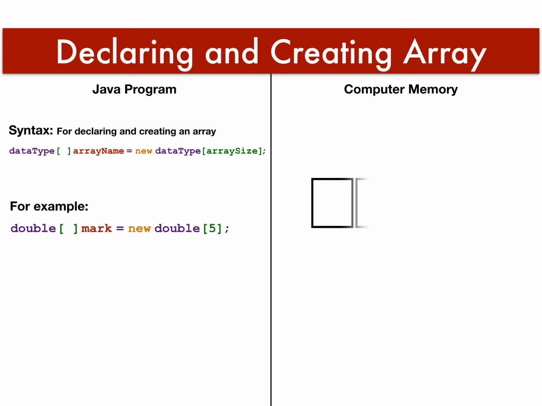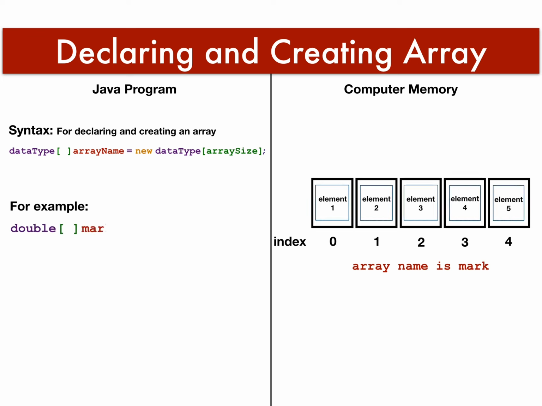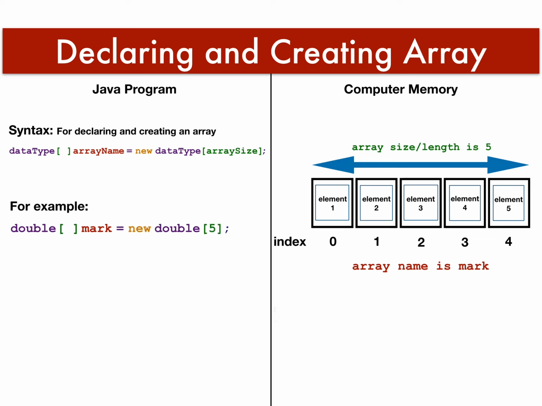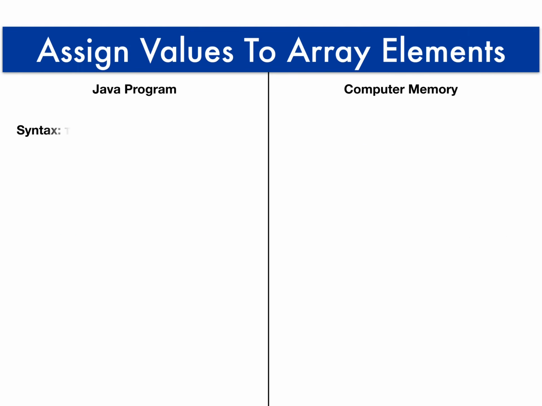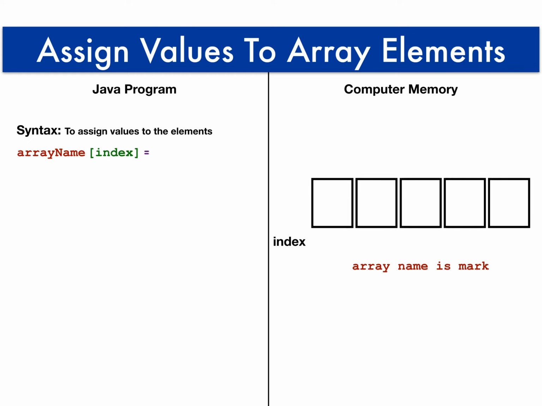For example, the following statement declares an array named mark, creates an array of 5 elements of double data type, and assigns its reference to mark. To assign a value to an element, here is the syntax: array name, index, equal to value.